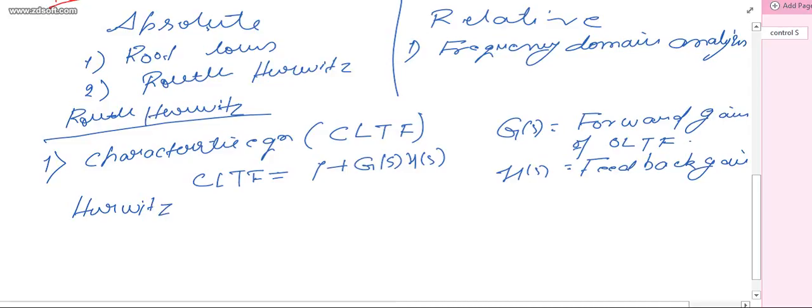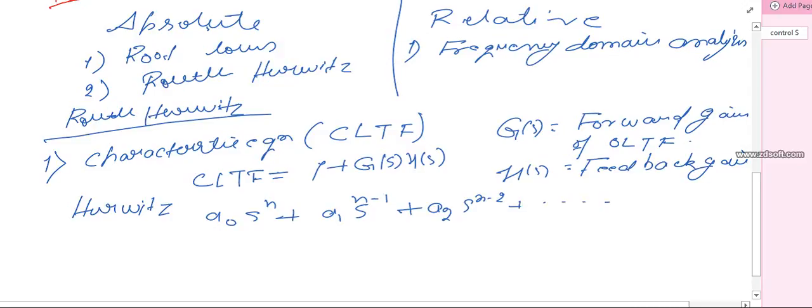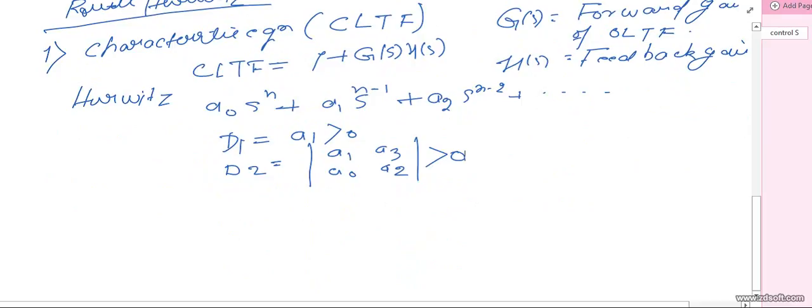So for Hurwitz, if a polynomial equation is given by a0 s to the power n plus a1 s to the power n minus 1 plus a2 s to the power n minus 2 and so on, then we have a determinant D1 equal to a1 greater than 0, determinant D2 equal to a1 a3 (odd numbers) and a0 a2, that must be greater than 0, and so on.